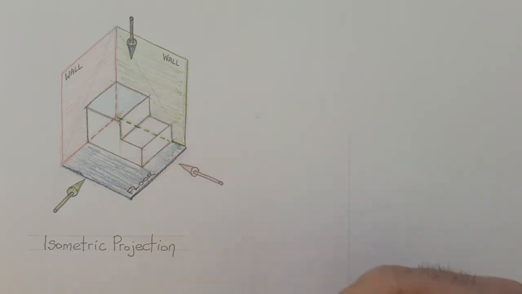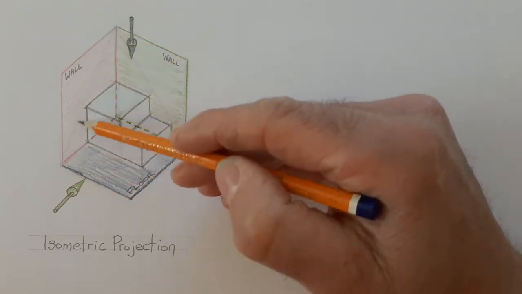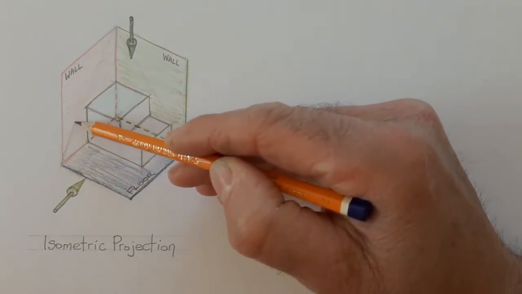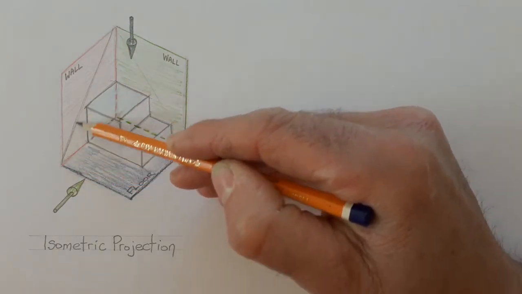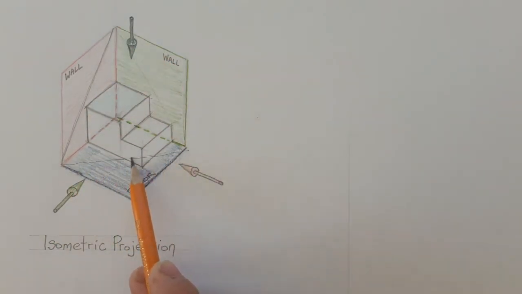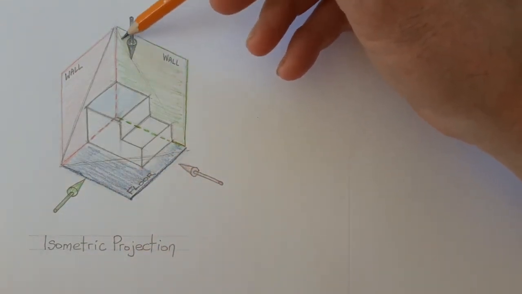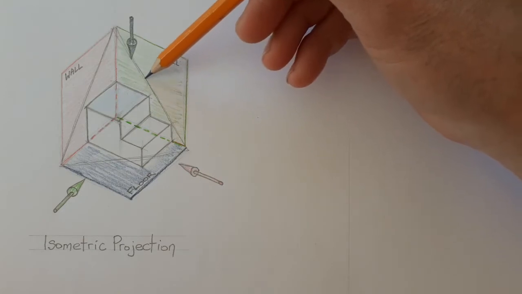When we look into the corner of the room, rather than taking the full wall, imagine if I draw in a line there from corner to corner, and a line there roughly, and a line down this way.